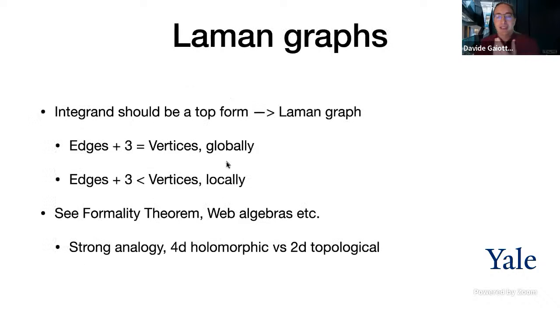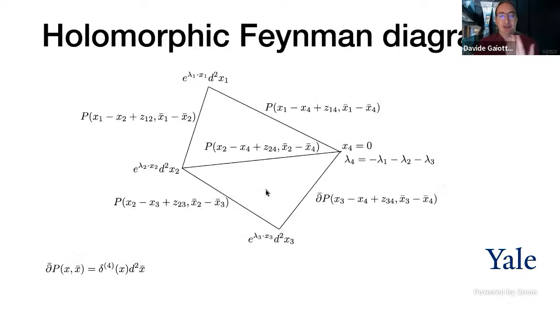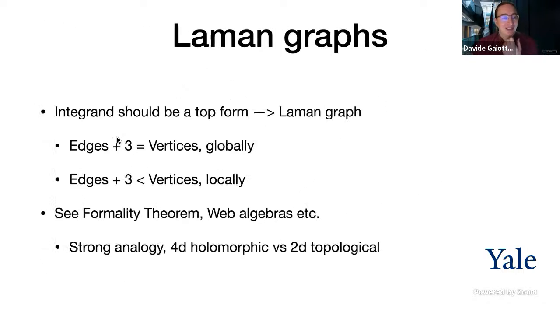Now, the combinatorial subtlety I was discussing at the beginning is just that you want to integrate the top form. So that means that the number of edges plus 3 should be equal to the number of vertices on the whole graph.